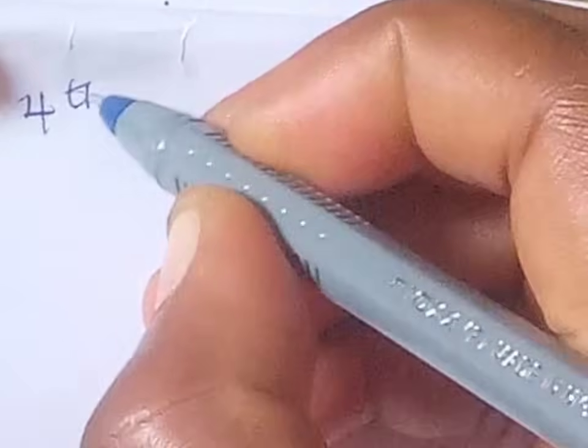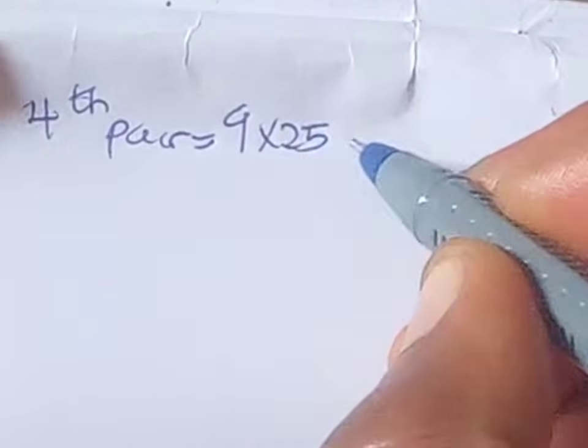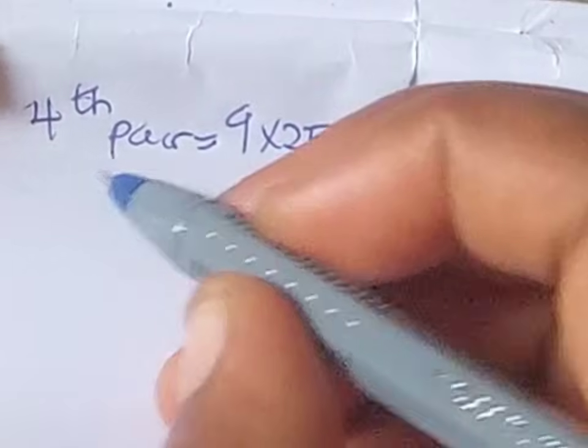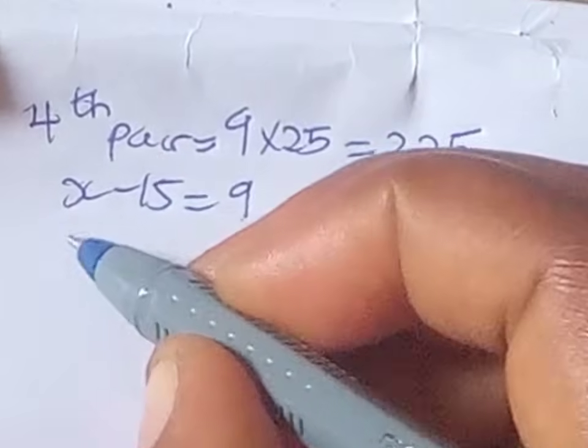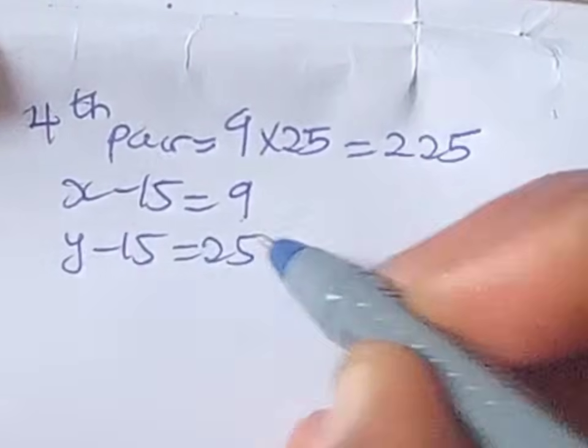Let's move to our fourth pair. So our fourth pair says 9 times 25 equals 225. So x minus 15 equals 9 and y minus 15 equals 25.